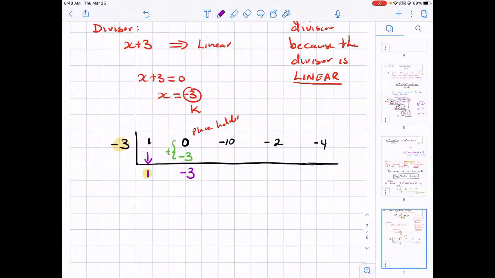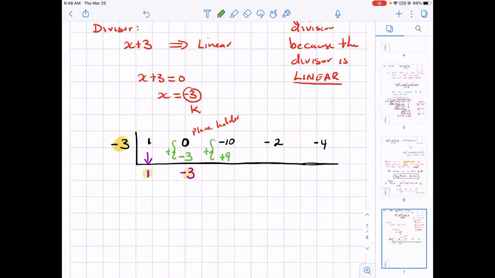And then we multiply again. We're going to multiply now this times this. Negative 3 times negative 3 becomes positive 9. So this here becomes positive 9. And don't forget, we always add.